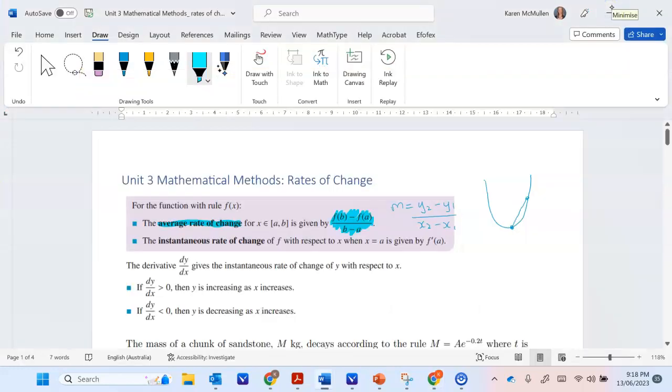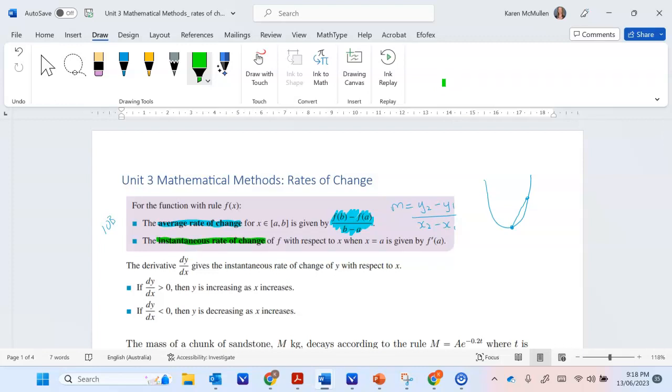With rates of change, and this relates to 10b, so I might just write 10b here, we're only looking at average rate of change, which is what you would use your gradient formula for, and instantaneous rate of change, which is just your derivative at a point.